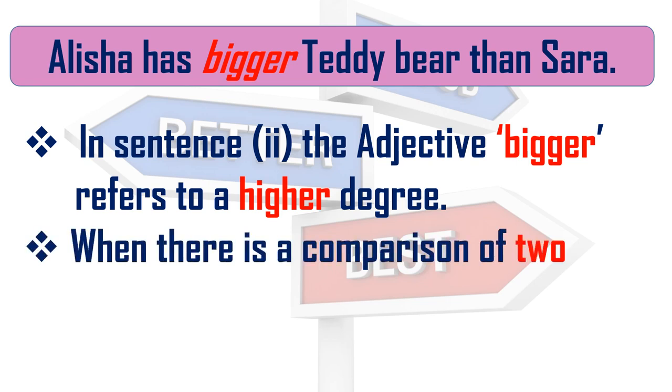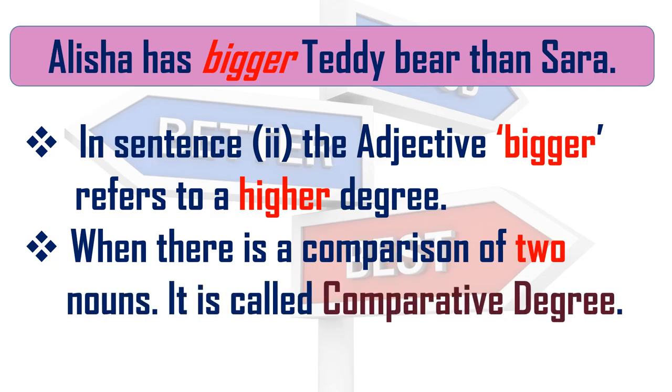When there is a comparison of two nouns, here two nouns, Sarah's teddy bear and Alicia's teddy bear, then it is called a comparative degree. When we are not comparing anything, that is positive, and when we are comparing two things, it is called the comparative degree.